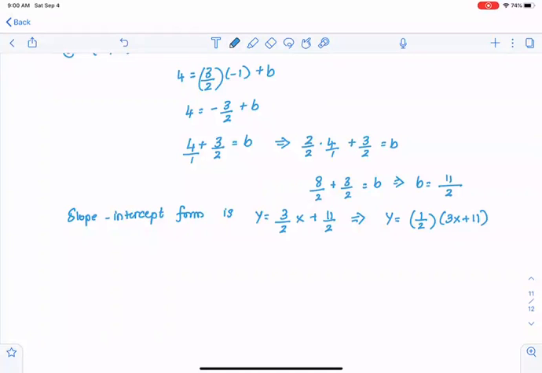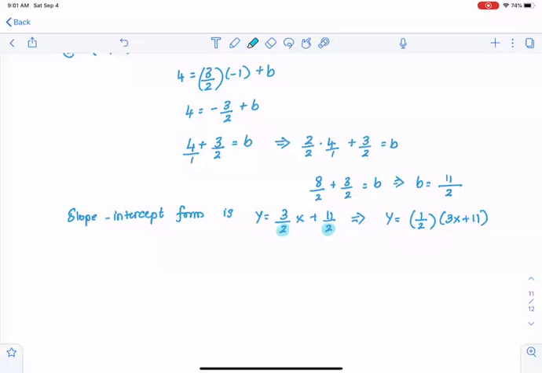An easy way to check if your answer is correct is to look at the slope and the y-intercept. If b is any number other than 1 or -1, the denominators of the slope and the y-intercept must match up.